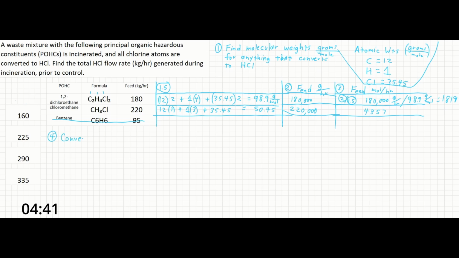Now, for step 4, we're going to convert the moles of each compound into moles of chlorine atoms. So if we take dichloroethane, which is C2H4Cl2, we can see that there are 2 moles of chlorine atoms present.